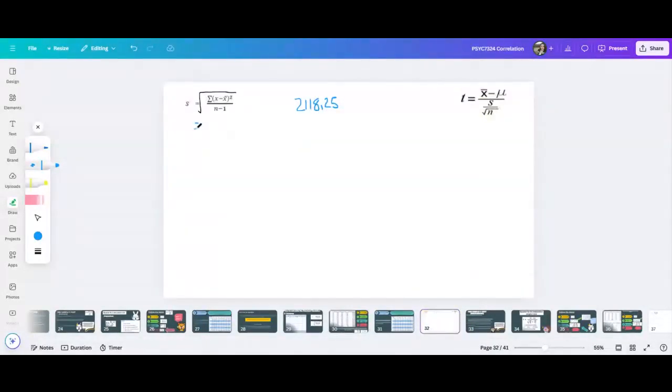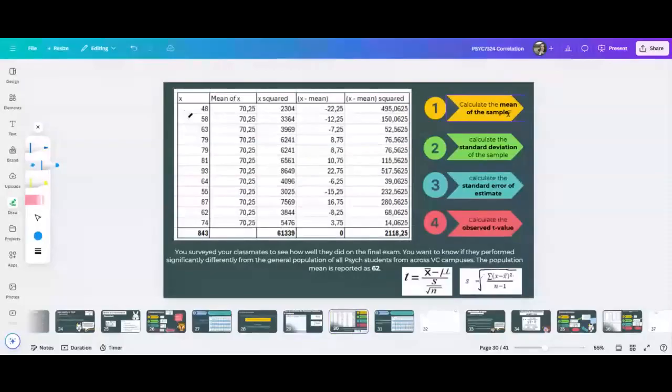So I'm just going to draw under here. We've got 2118.25 over n minus 1. I forgot what n was. What is n here? We've got 1, 2, 3, 4, 5, 6, 7, 8, 9, 10, 11, 12.